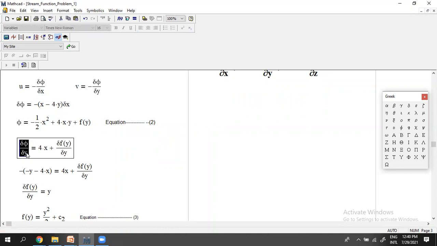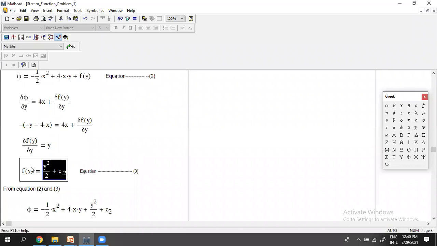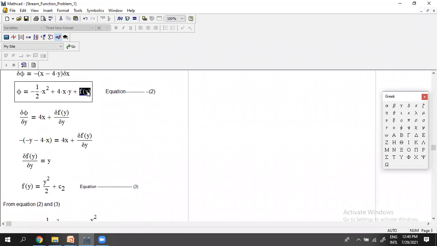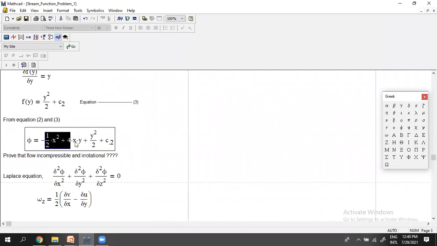With respect to y, then you'll get 4x plus df by dy. Then just rearrange the equation. The x will be out, this term will be this one. So from here, f of y equal to this one. This f of y is substituted right over here. Then you are getting this one.